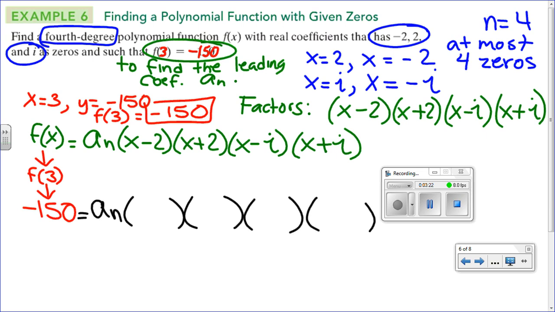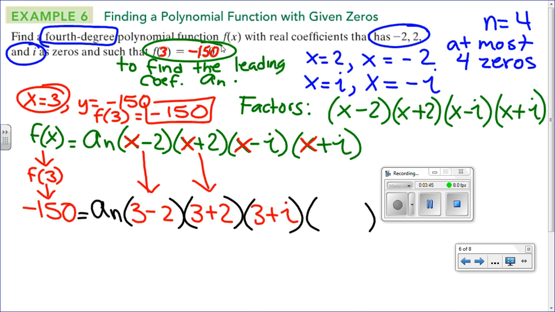And I'm going to substitute every x that you see in the factors with the number given to us, which is 3. So that will be 3 minus 2, 3 plus 2, 3 minus i, and 3 plus i.